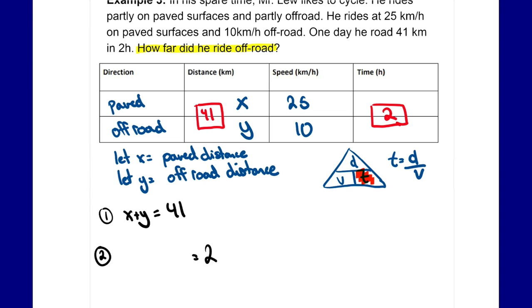I do have a distance and I do have a velocity. And if I think of that, the distance and the velocity for each one, paved and off-road, added up will give me the total time. Because if I can figure out how much time I spent on the paved road and how much time I spent off-road, that will give me a total of 2 hours.